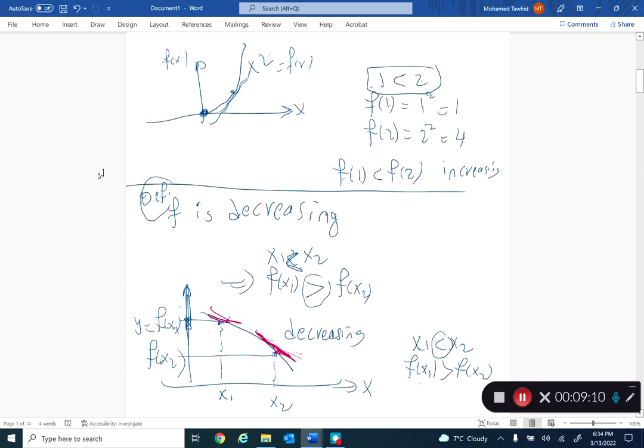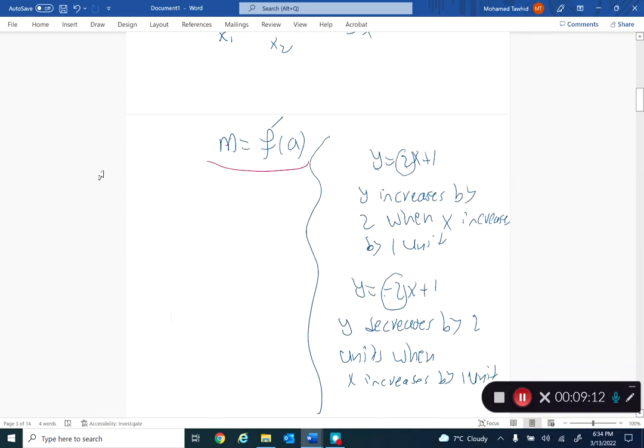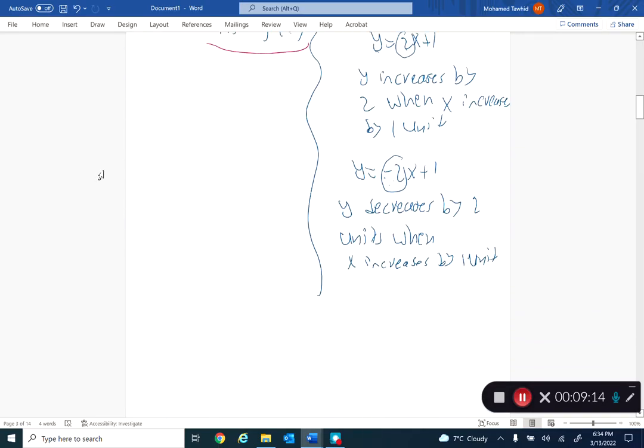And there the slope is negative. Now I need to show you something. You know the definition of the derivative? f prime of a is the limit as h goes to 0 of f of a plus h minus f of a over h.